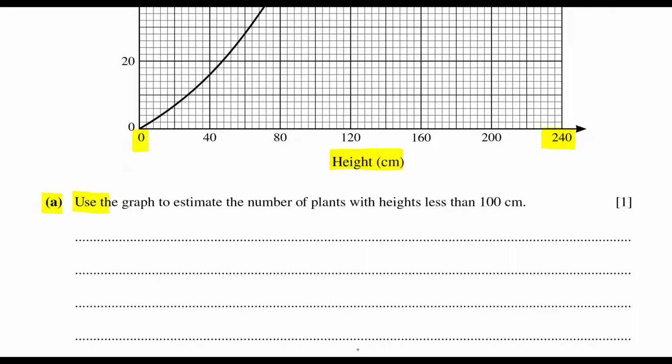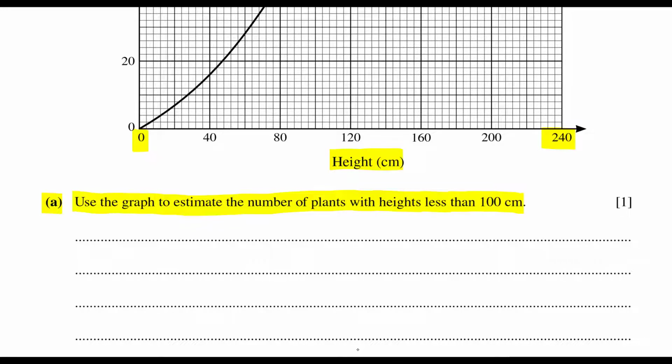Part A: use the graph to estimate the number of plants with heights less than 100 centimeters. Since we have the cumulative frequency, we only need to find the height on the x-axis, and the corresponding frequency from the curve will give us the cumulative frequency.